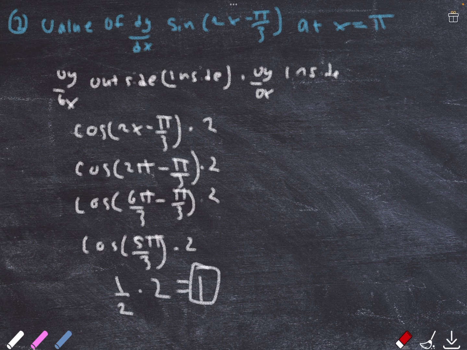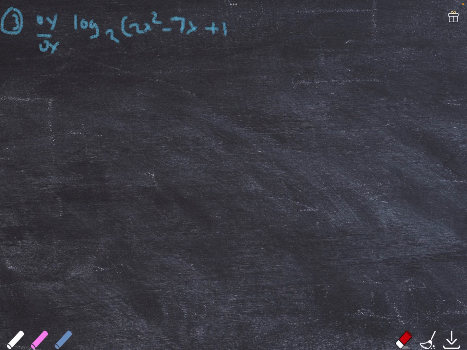That's our answer. So now this is our third equation. This one's actually relatively simpler than the second one, because we're not plugging in and using our unit circle to solve the equation. So here, we're going to get the derivative of the outside, which is going to be 1 over ln of x, but our x is this inside function here.